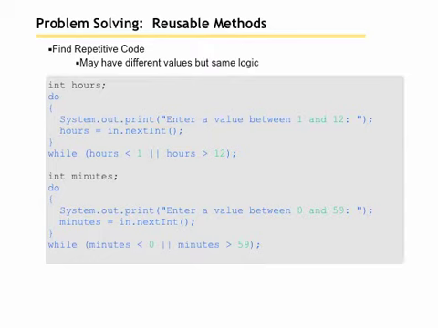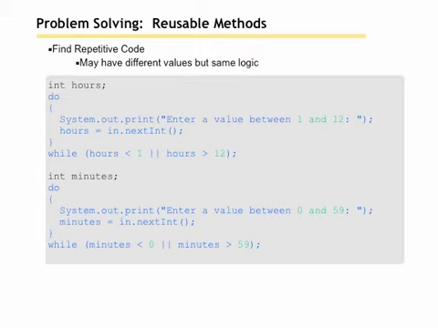So think about reusable methods. A good way to approach this is to find repetitive code in your programs. You might have different values but the same logic. Like let's say you're coding a game and each player is taking a turn. The logic associated with the turn is the same. It's just that each player is taking their own turn.